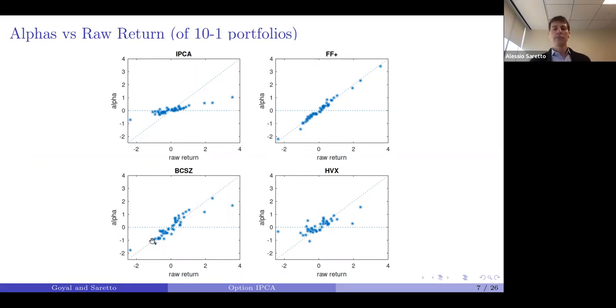And here is Turan's fit on the same portfolios. It's doing much better than the Fama-French factors, but there is still some lining up with the 45-degree line. And here is Aurelio's paper, who does a little bit better. There is more spread and they're closer to zero. Still, visually, you can tell that IPCA is going to do a lot better.